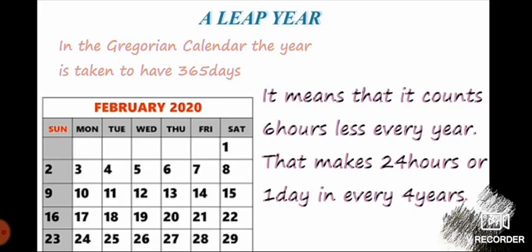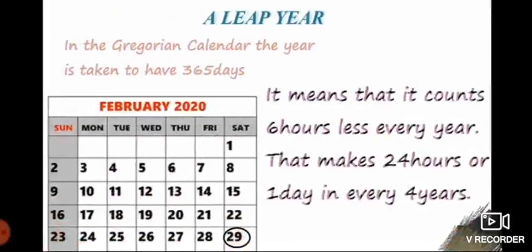So after 4 years we get one extra day. That means it makes one extra day which is counted in the month of February in the Gregorian calendar. So this year is called a leap year.